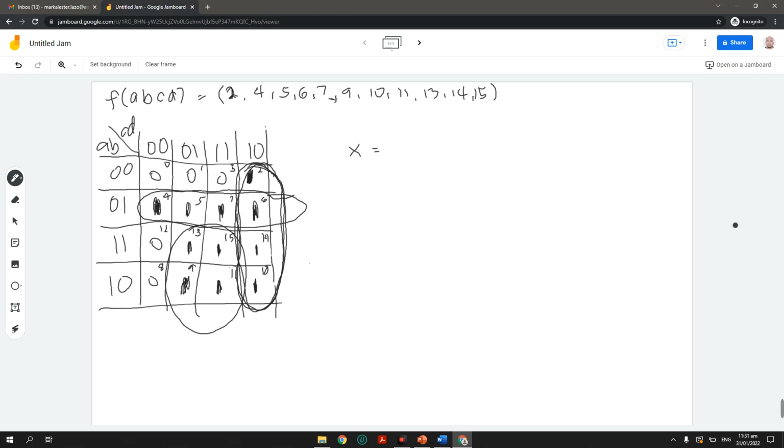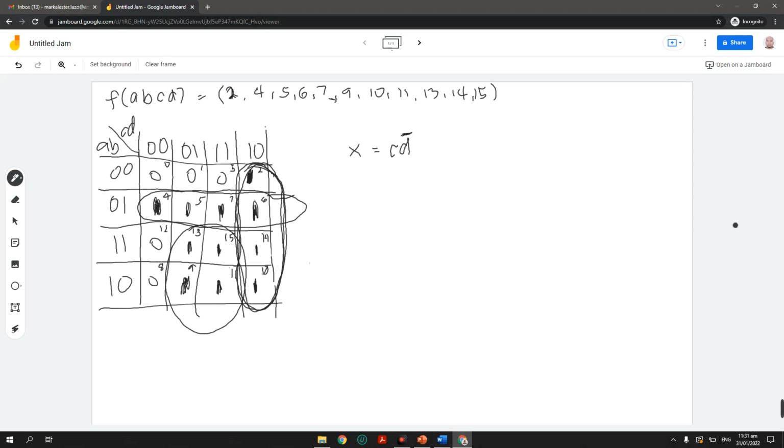What does not change is the value of the C and the D. So C and D do not change, but the D is 0, so we will write it in its complemented form.